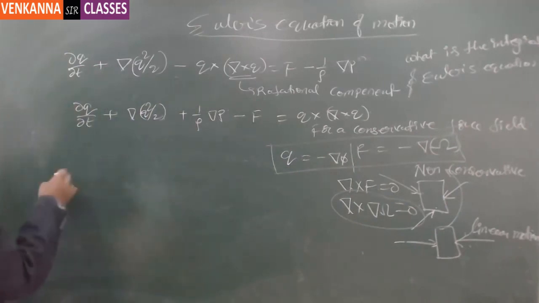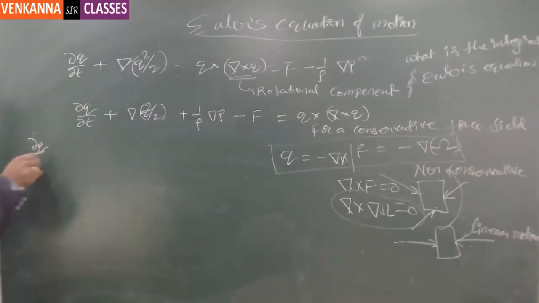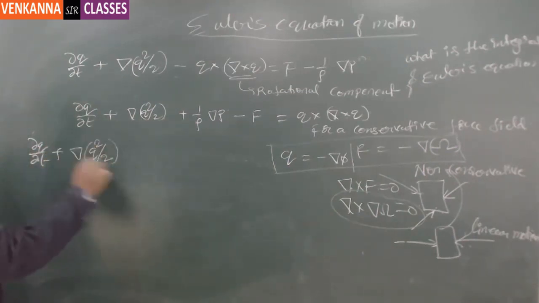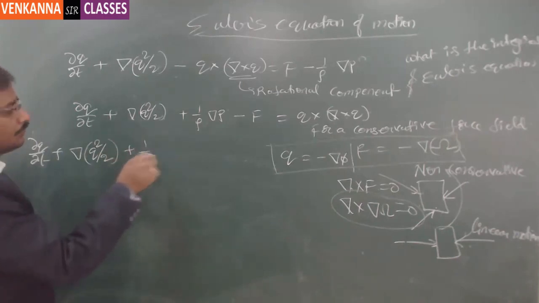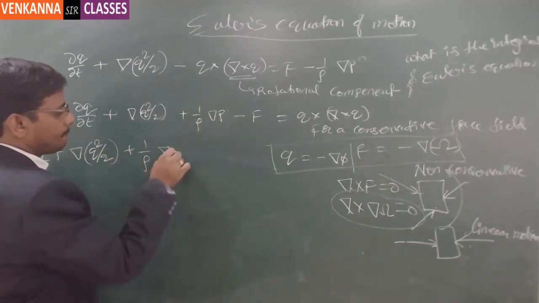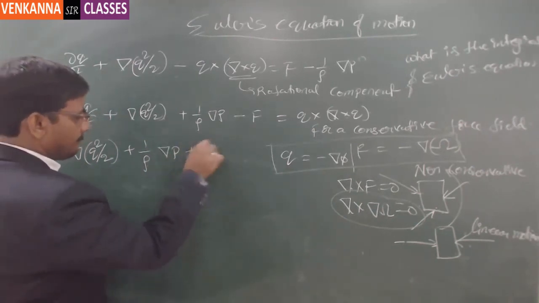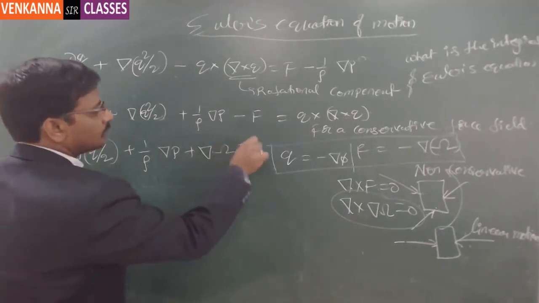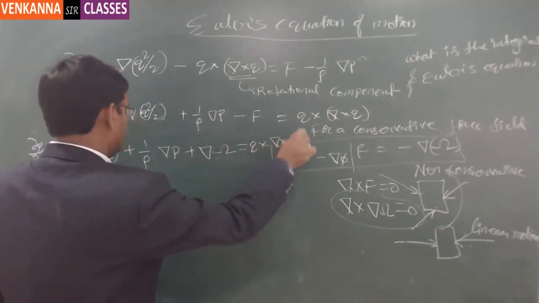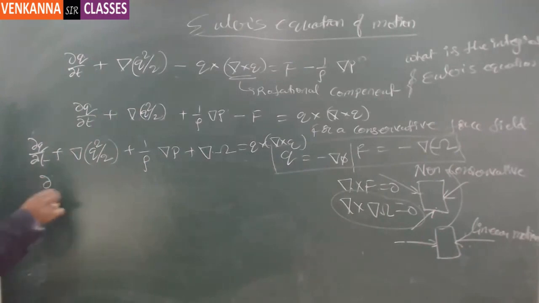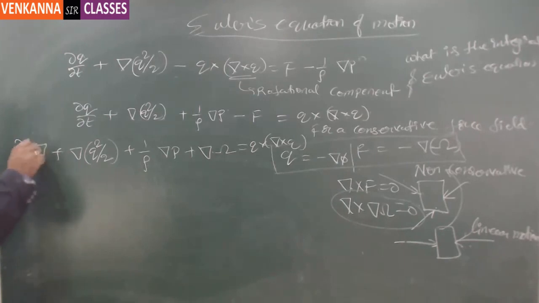Right? Now here, if you replace it, dou Q by dou T plus del of Q square by 2 plus 1 by rho del P minus F, which can be expressed as del of omega, is equal to Q cross del cross Q. Now out of all these, Q I can express as dou by dou T. So here also I will replace with dou by dou T of minus del phi.